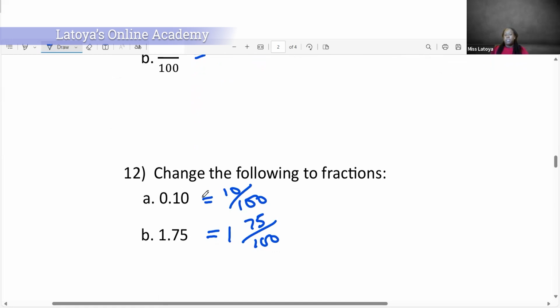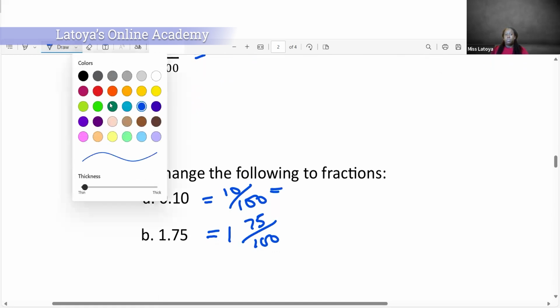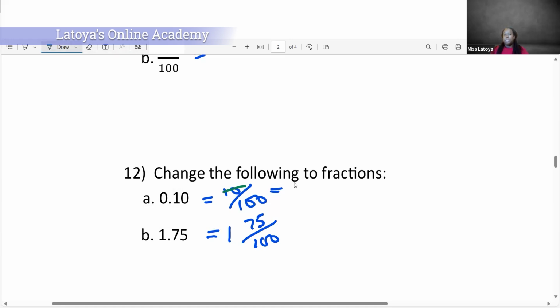And once we change anything to a fraction, our answers must be in reduced form. So let's reduce this. 10 into 10 is 1, and 10 into 100 is 10. We can use 25 to go into 75 and 100. Write back my whole number. 25 into 75 is 3, and 25 into 100 is 4, 1 3/4.